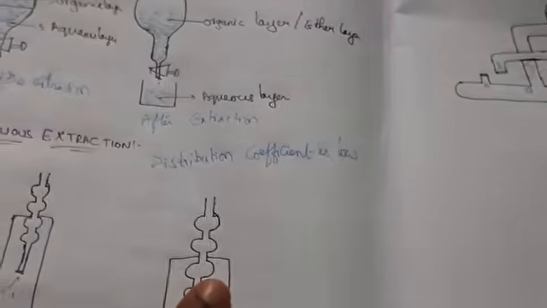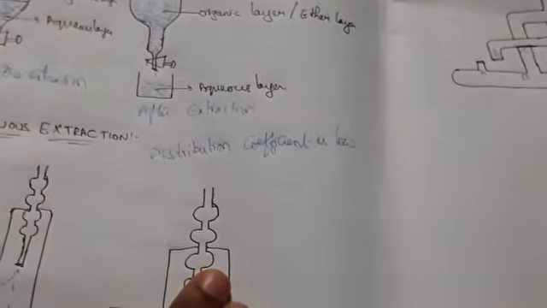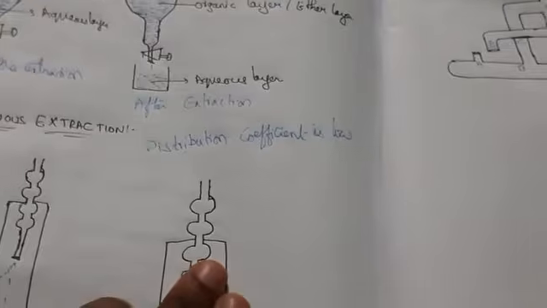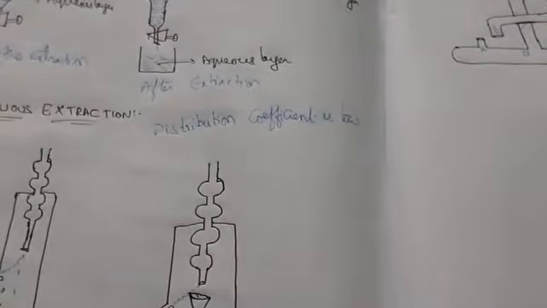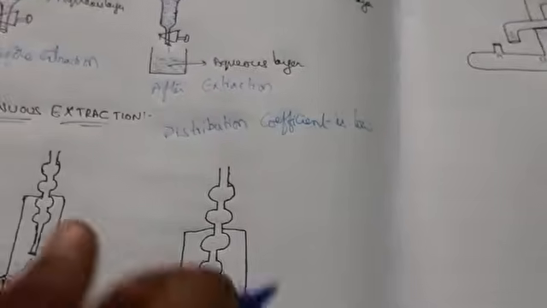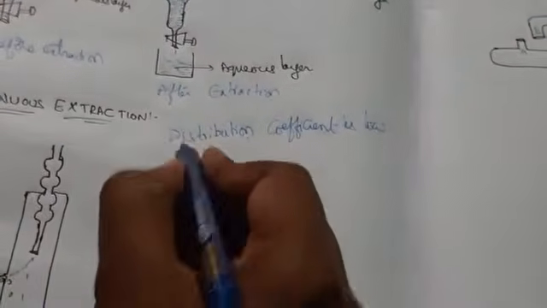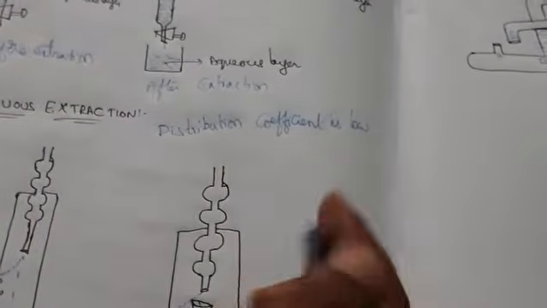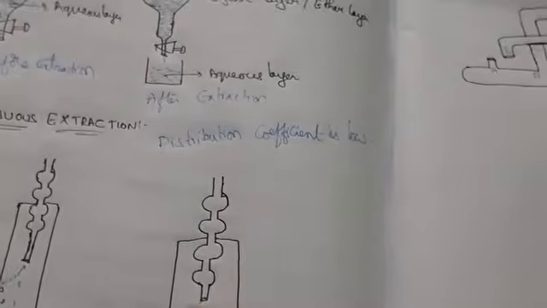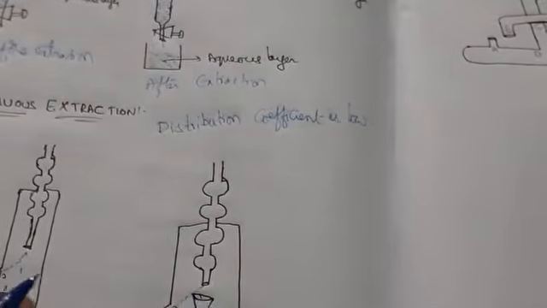If you have a low distribution coefficient, then we can take a mixture of the compounds in a separating funnel. When you take a mixture of the compounds in a solvent extracting funnel, it will be very difficult. Why? Because the mixture of the compounds will bring more complications. So that's why it is difficult to separate the mixture of the compounds here.